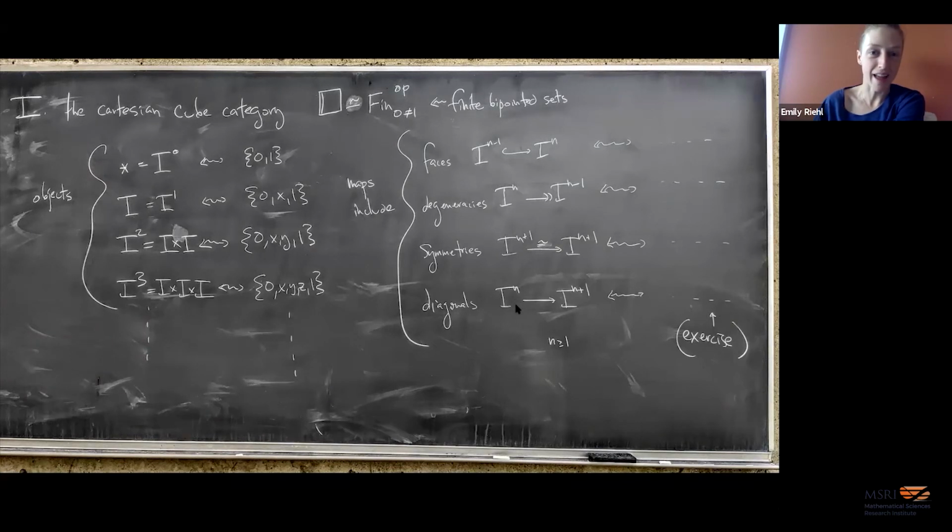So the smallest diagonal goes from the 1 cube to the 2 cube. The symmetries start in dimension 2, or the non-identity symmetries anyway, and so on. It's a good exercise. I think it's illuminating. It gives good intuition for these maps if you work out what they correspond to as maps of finite bipointed sets. So that's a bit of fun for you.